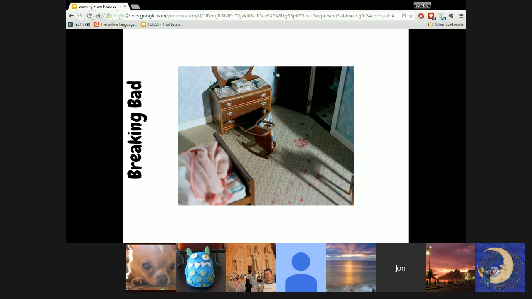So these are not pictures; these are miniatures. They're very small. That table, the dresser, is about 2 centimeters tall, but it looks amazing. So no, these are not real dead bodies I'm showing you. Okay, the red is nail polish.